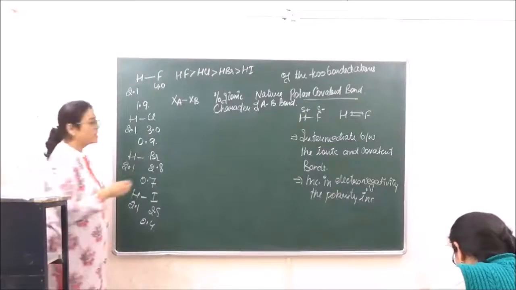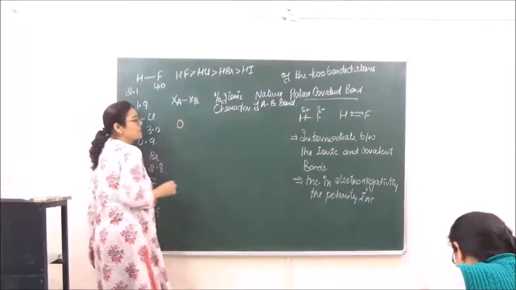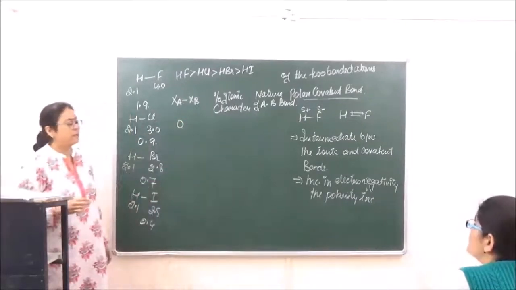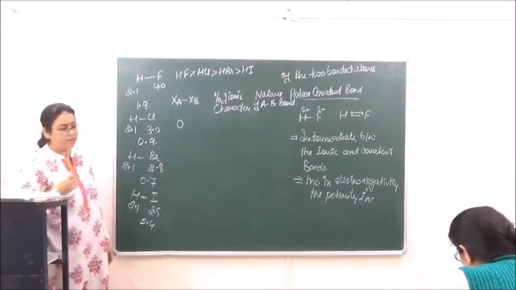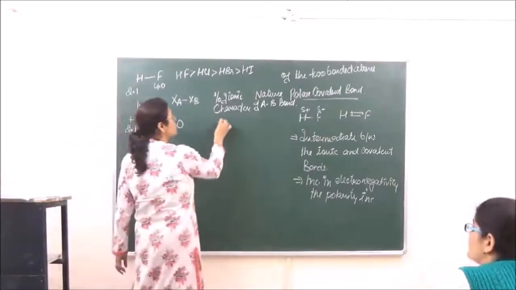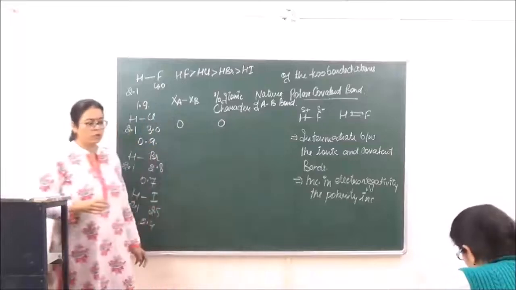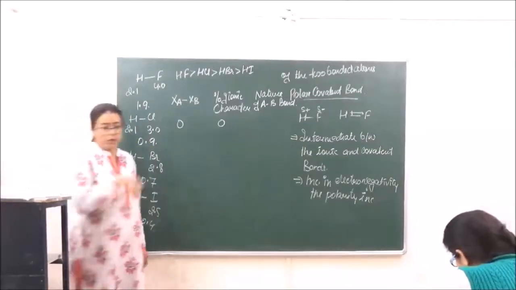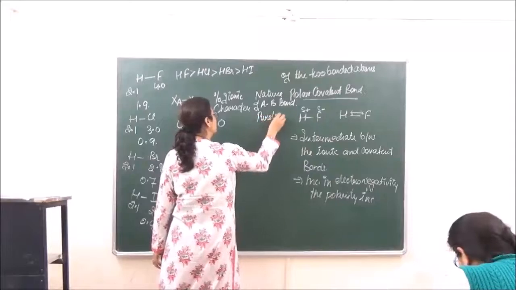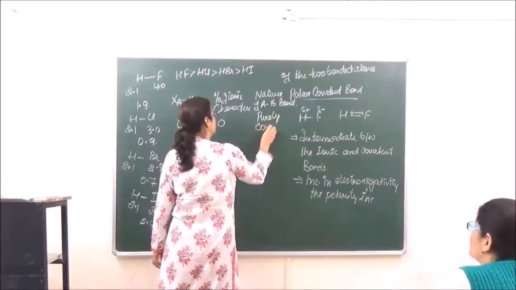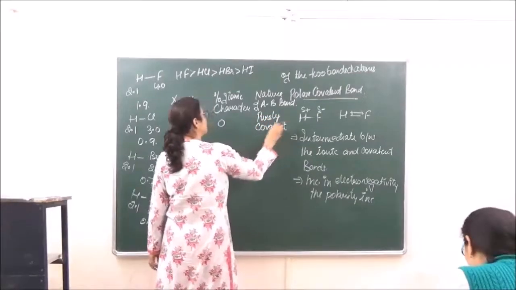In case the electronegativity difference is 0, like we saw just now in homoatomic molecules, then the percentage of ionic character is also going to be 0, and the molecule is going to be purely covalent.